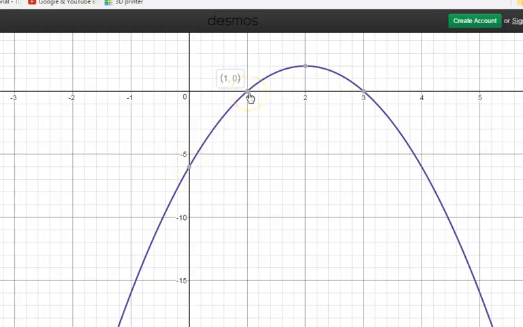But here I can see what the zeros are. It's a parabola, right? With zeros 1 and 3, so we know what to do with that. But make sure that when you put in x equals 0, you get out y equals negative 6. That's the challenge on this one.